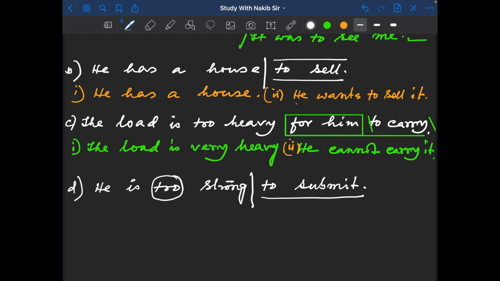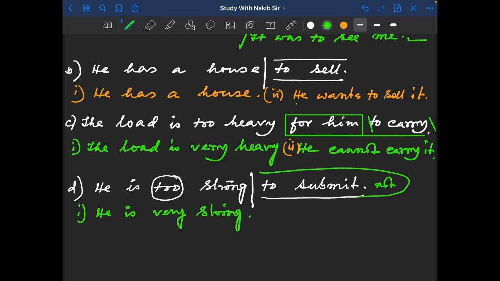So right here, number one, he is very strong, right? Okay, he is very strong, and not will come here. Okay, not will come here, and it will be added to the second part. To submit. For to submit is an infinitive, we will make another sentence.